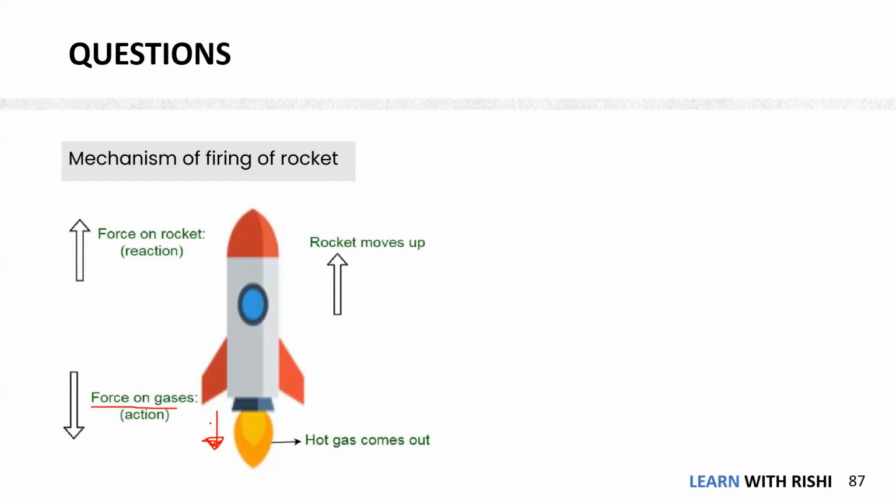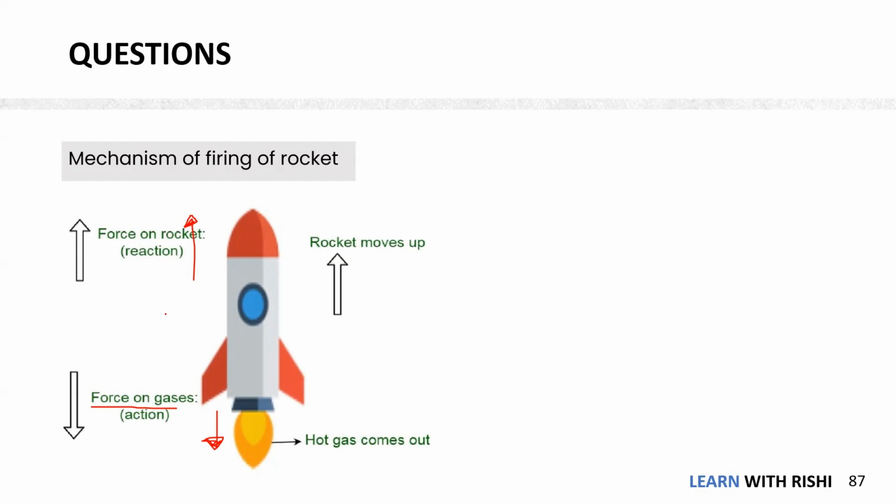We are doing some chemical reaction. We are burning the fuel. Because of that, the gases are exhausted. So this is our action, and the gases exhaust in a backward direction. These gases exert an equal force in the opposite direction. So you can see there is a force on the rocket which is exerted by these gases in the opposite direction, and this force is equal to the force exerted on the gases.